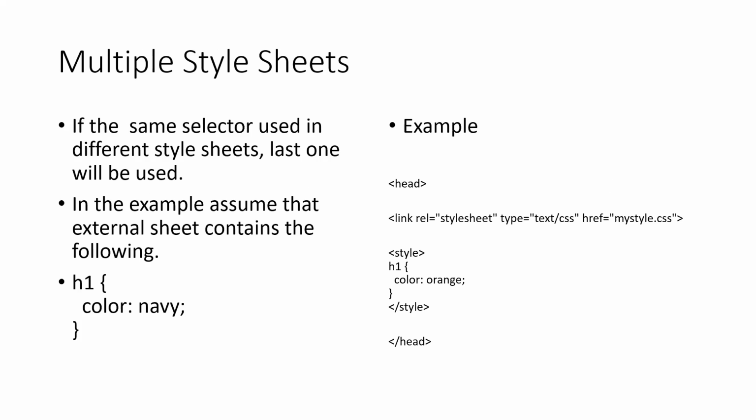What you need to remember is that for the same selector in different style sheets, the last one will be used, right? In this example, you can see there is a separate external style sheet where we have an h1, and then you have an internal h1, and this is what will happen.